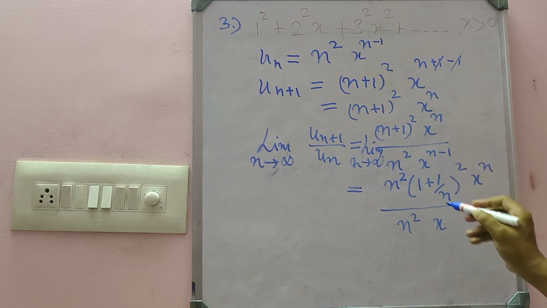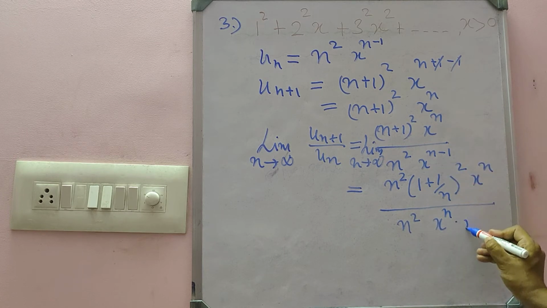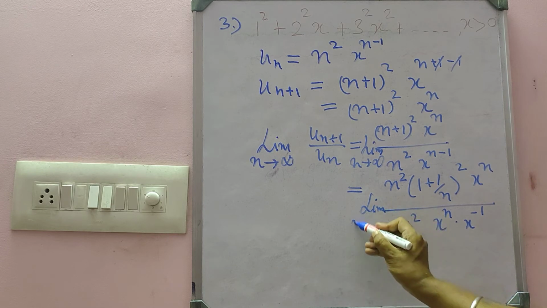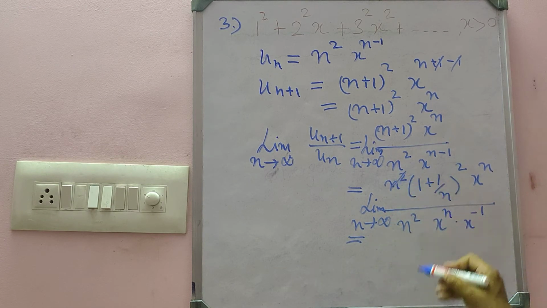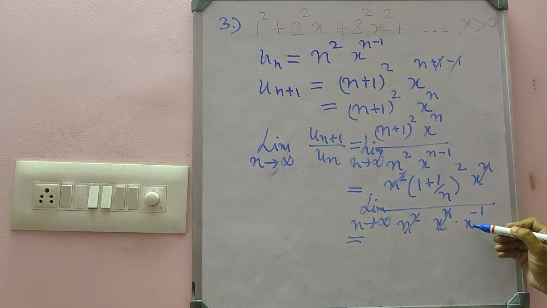What can we write? x power n into x power minus 1, limit n tends to infinity. n square cancels, this x power n cancels. Here is x power minus 1.